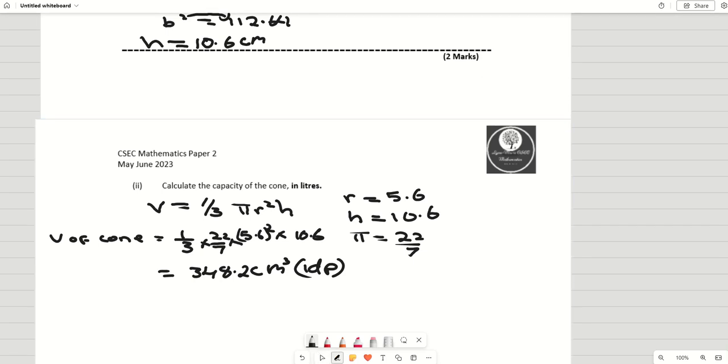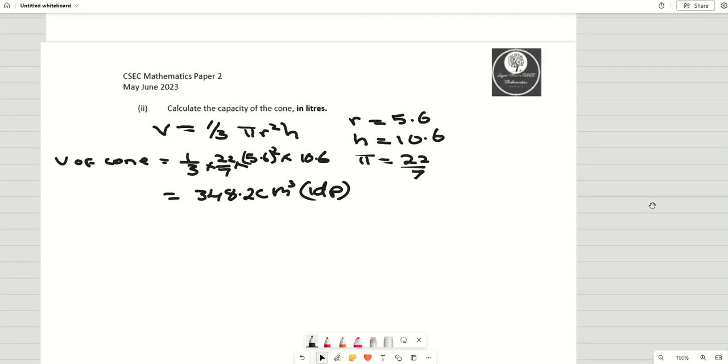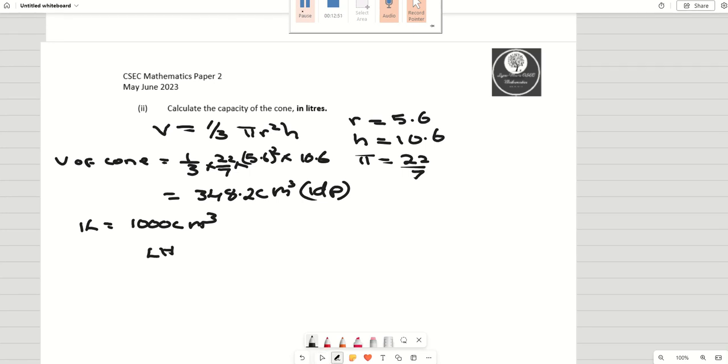Now, they did not ask you in centimeters cubed, we want it in liters. What you have to remember is that 1 liter is equal to 1,000 cm cubed. And now you're going to use if, then, therefore. Because we're trying to find liters, we have the left hand side and the right hand side.